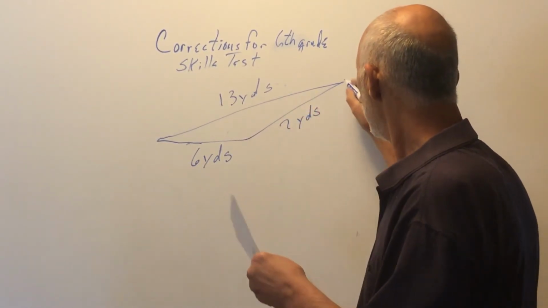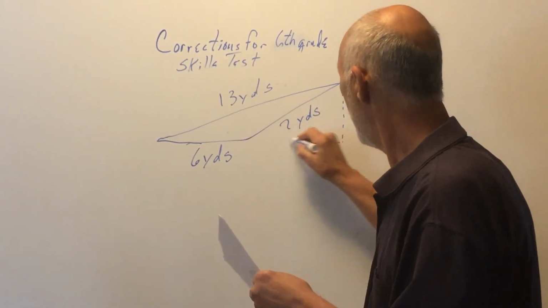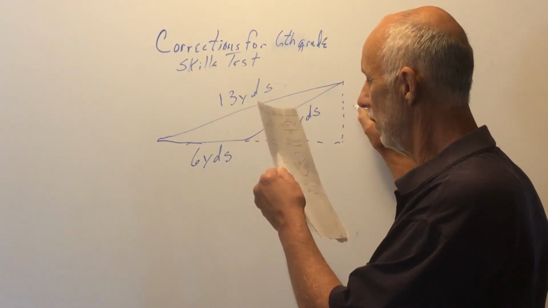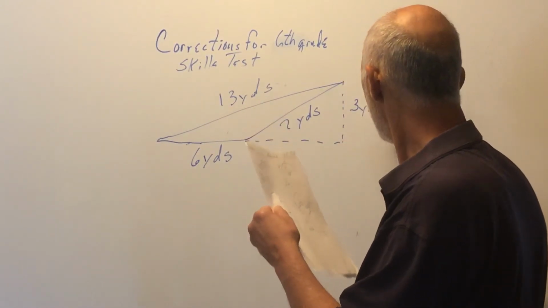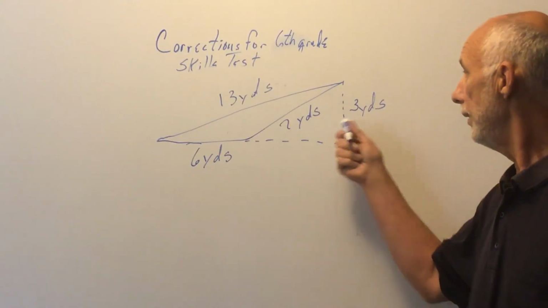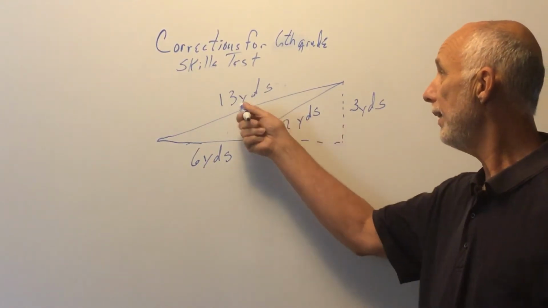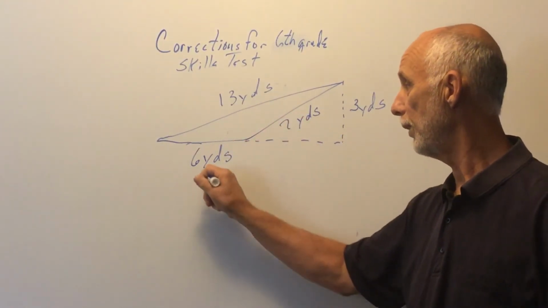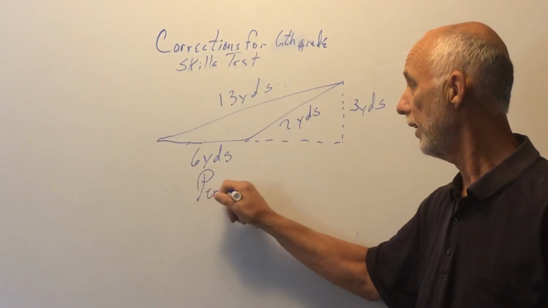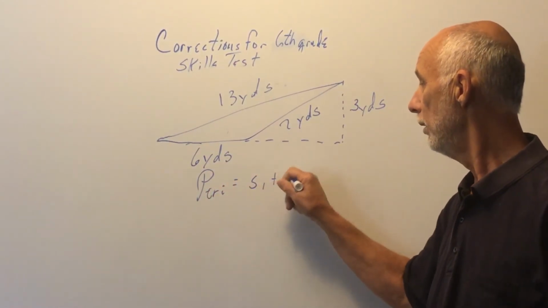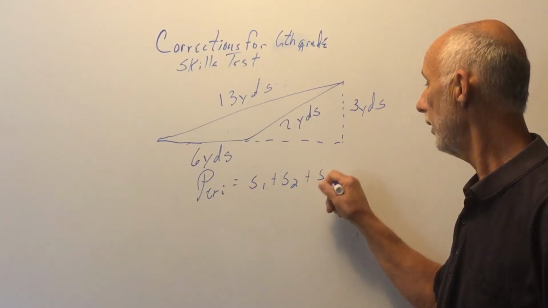By the way, they also had the imaginary height out here, which was 3 yards. And I have a feeling for some of you, this threw you off. But these are the sides you use for perimeter. And perimeter of a triangle is side 1 plus side 2 plus side 3.